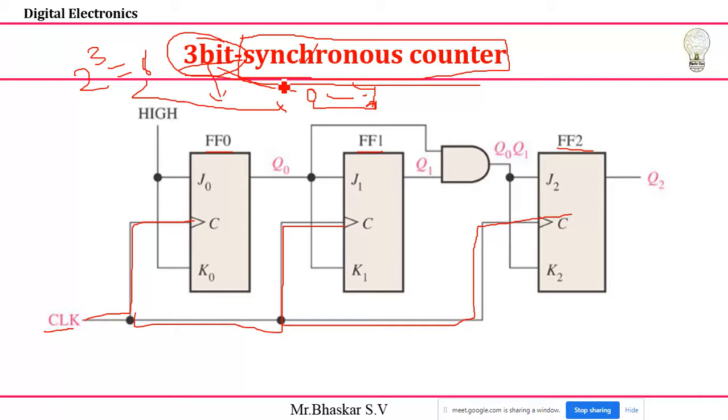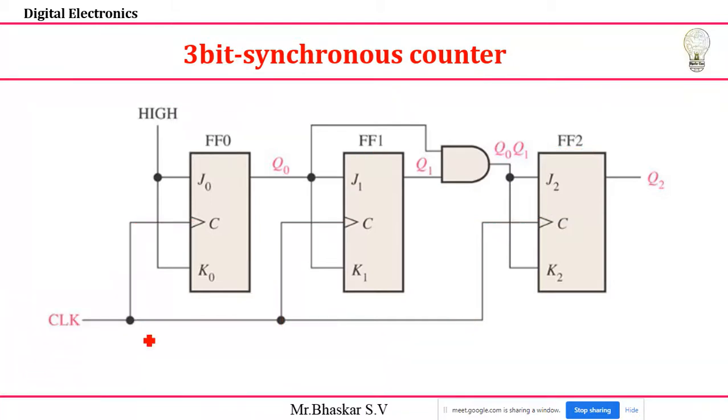But keep in mind, this is my 3-bit synchronous counter, which means I'm going to use 3 flip flops and give a common clock signal, and make the small connections. So in the next slides and next classes I will explain how I'm going to connect my outputs to these inputs, why I connected output Q0 to J1, and why I'm going to use the AND gates.